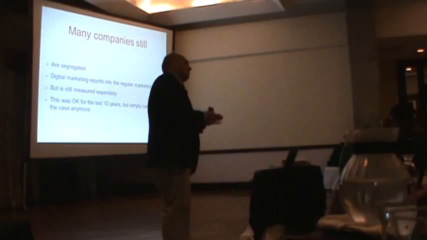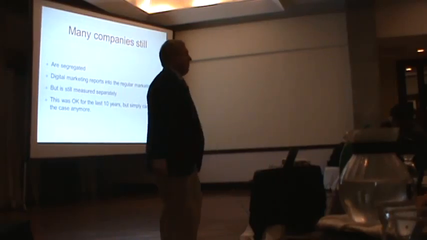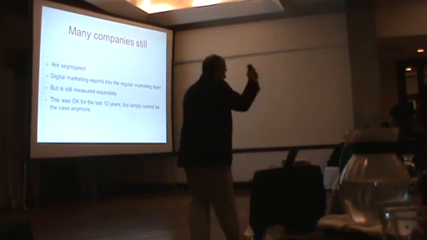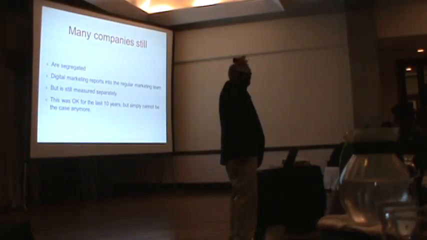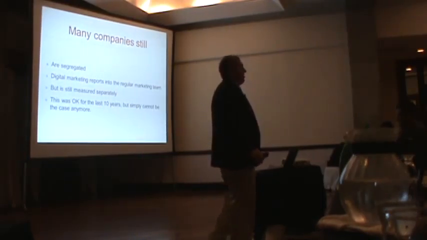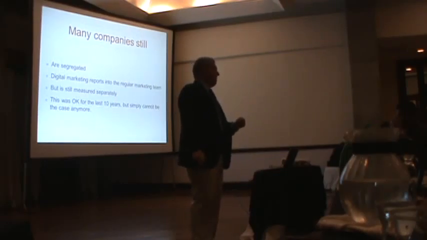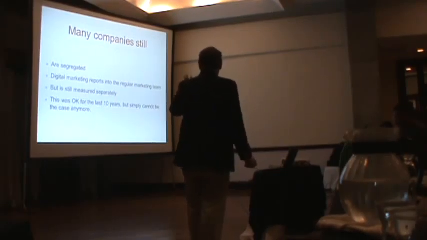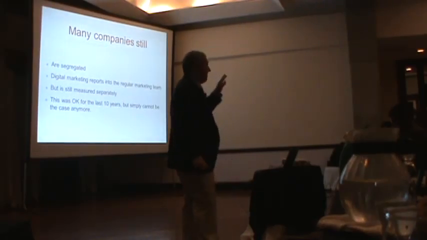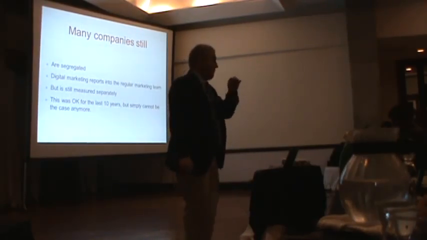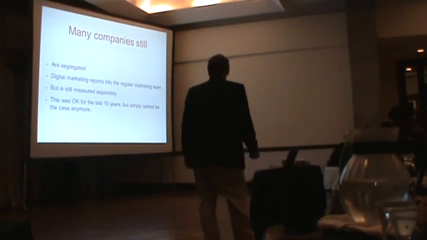Digital typically reports to the marketing team, but it's measured separately. I see marketing evaluation criteria and presentations and reports all the time, and I always look for that, how's that digital arm working? It's a fundamental mistake that companies make. That was okay for the last 10 years, but certainly not for this year and the next 10.